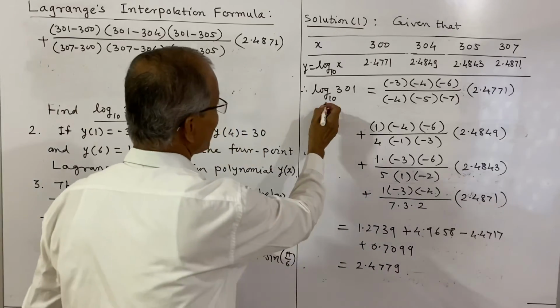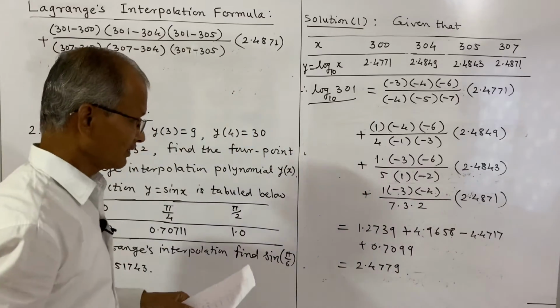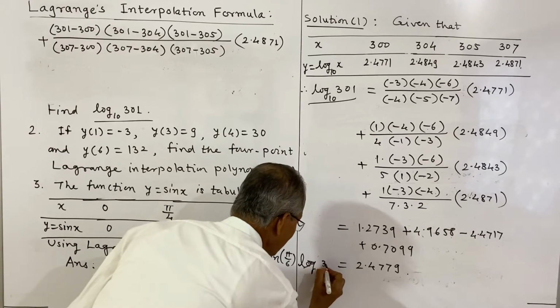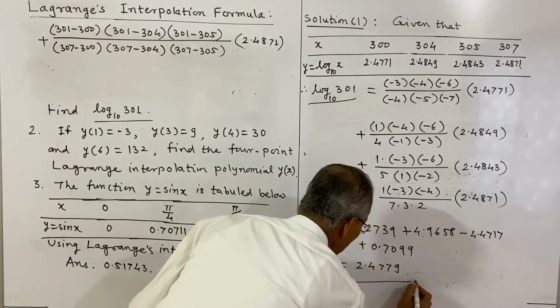So this is the value of log of 301. So this is log to the base 10 of 301, and this is the answer.